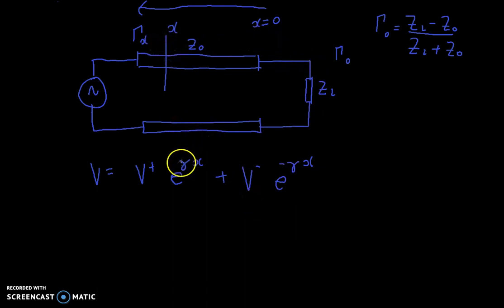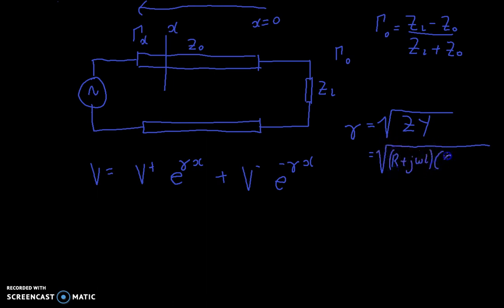Okay, so what is this gamma here? This gamma parameter is defined as the square root of z times y. If you watched the first tutorial, where z naught is the square root of z over y, I confused it with gamma. So gamma is the square root of z times y. Remember that we can also write this as the square root of (r plus j omega L) times (g plus j omega C).